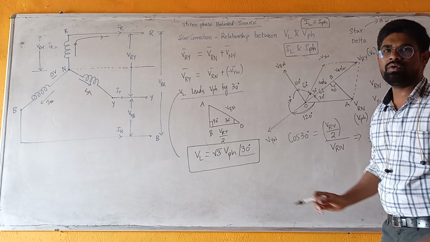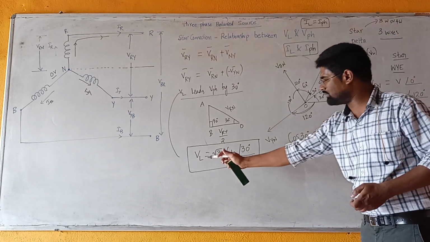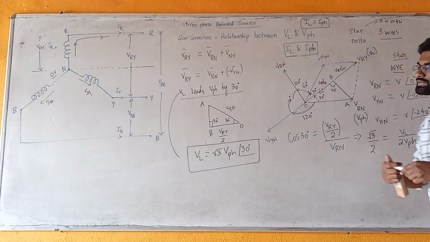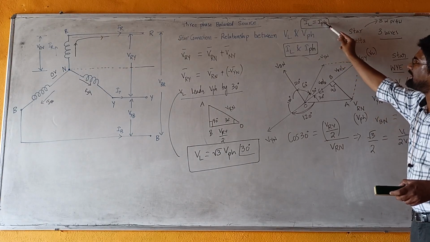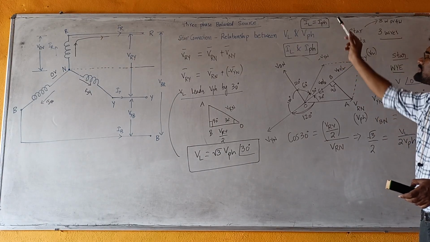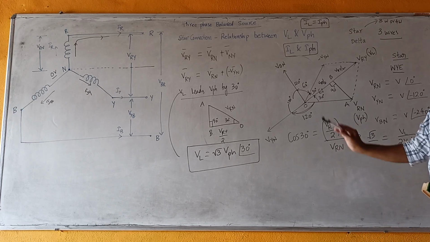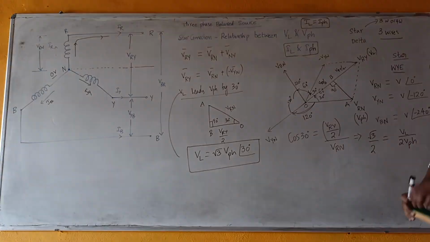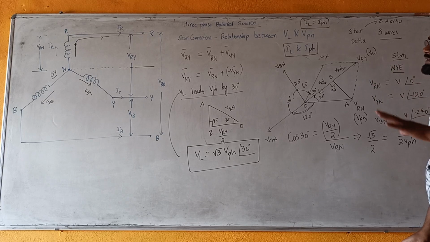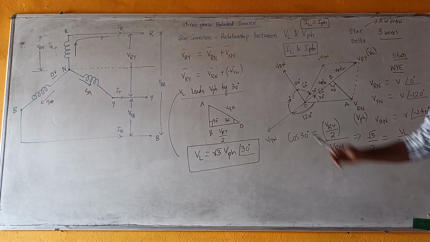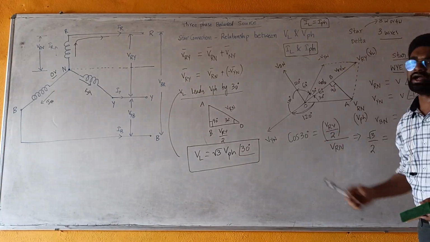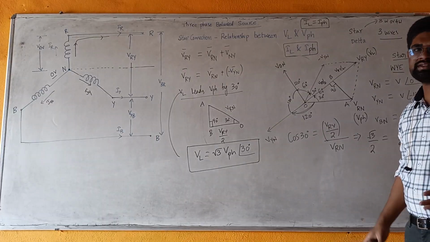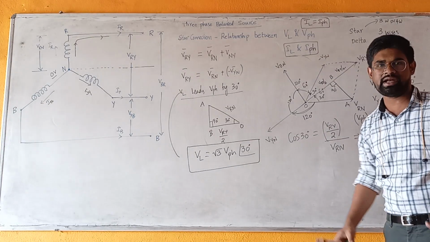This is the overall relationship between line voltage and phase voltage. And the relationship between line current and phase current is IL is equal to I phase. So this is regarding the star type of system. We have derived the relationship between line voltage and phase voltage, and line current and phase current. Thank you. In the next session we will discuss the delta type of system.